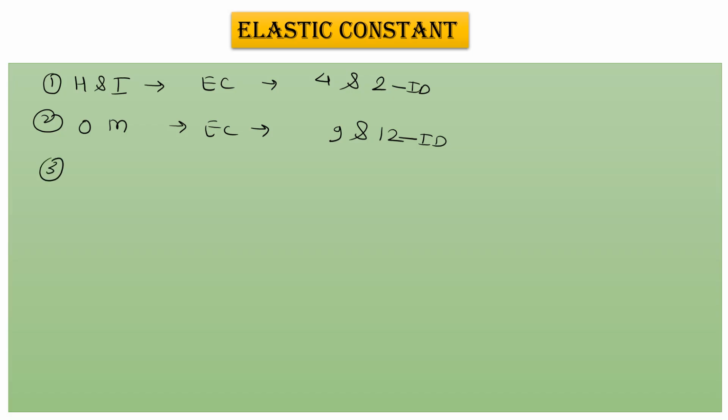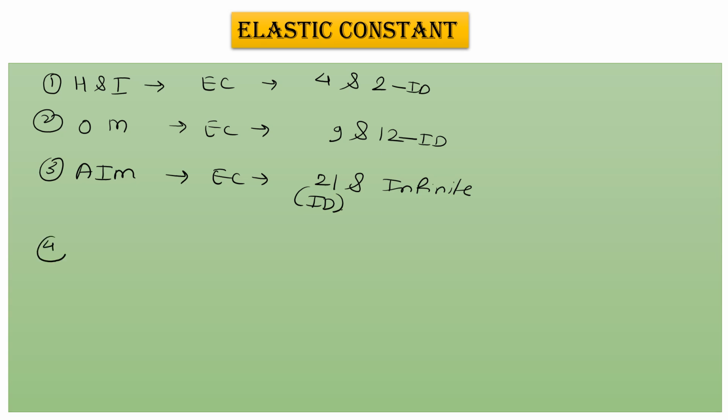Next, anisotropic material: elastic constants are 21 and infinite, where 21 are independent. Then again, an elastic constant related to Hooke's law is Young's modulus or modulus of rigidity, but we discussed it earlier, so we are not discussing it here again.